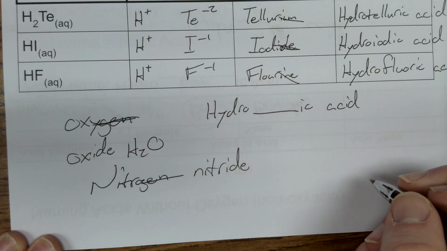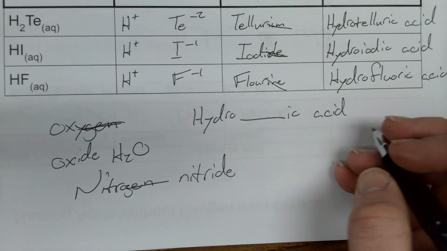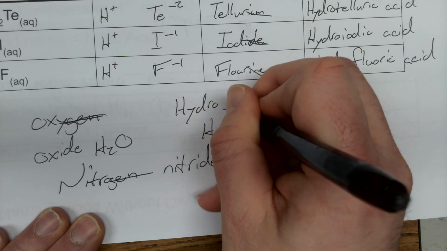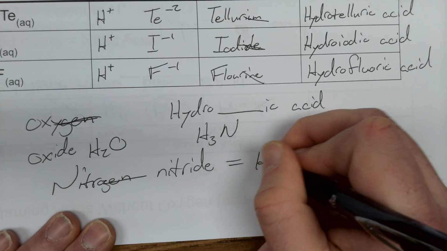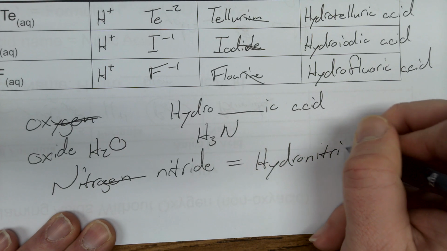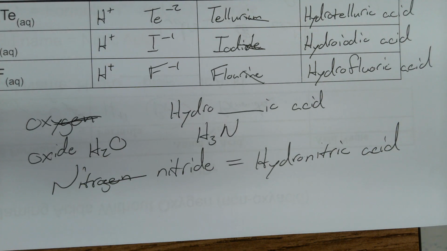Is that what we got for nitrogen? Nitride? We've seen this before, yes? Yes. So if that was an acid, H3N, it would be hydronitric acid. I'm still cutting at the same place.